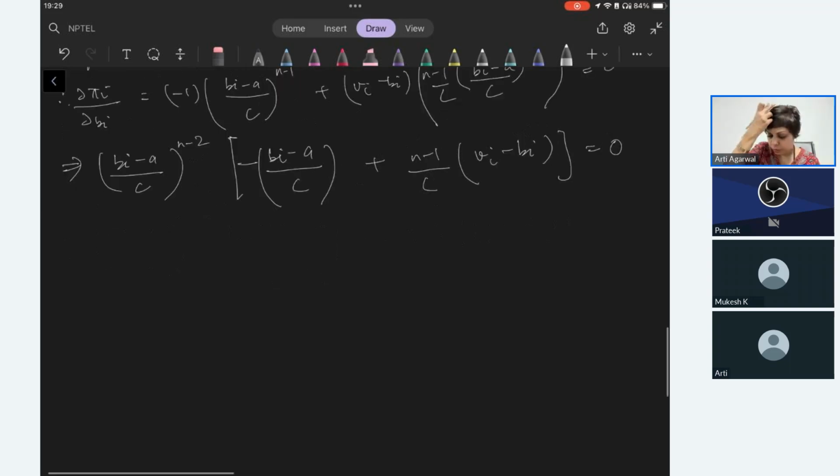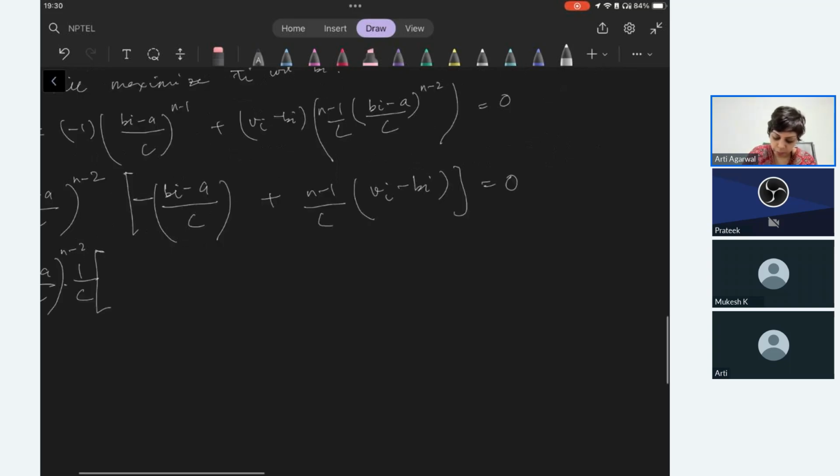So now this bracket expression is what we need to simplify. 1 by c, we can take it outside, if we want. It's not going to matter too much.